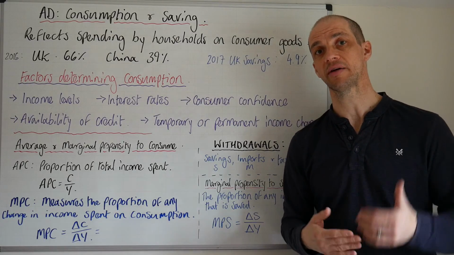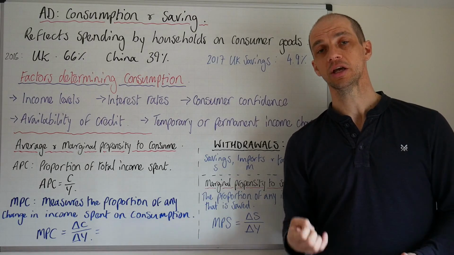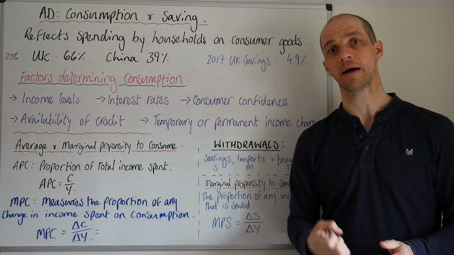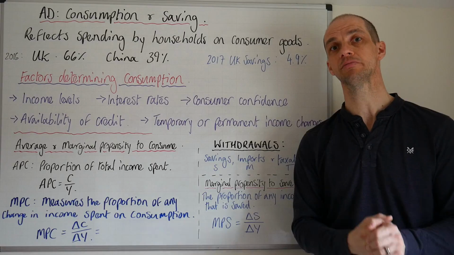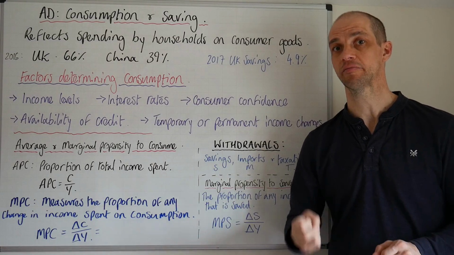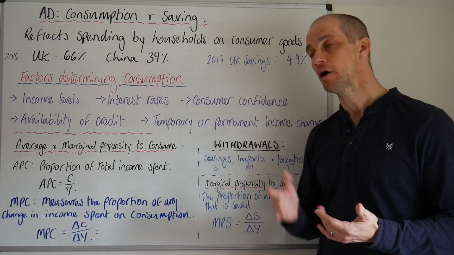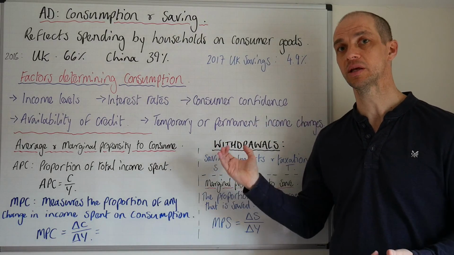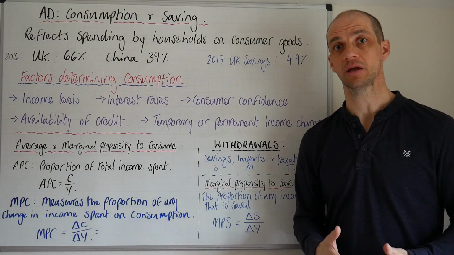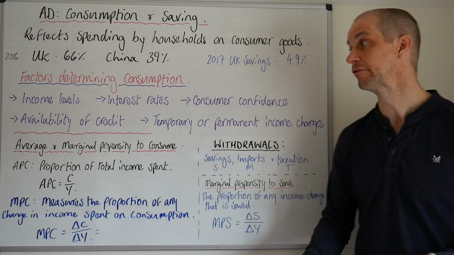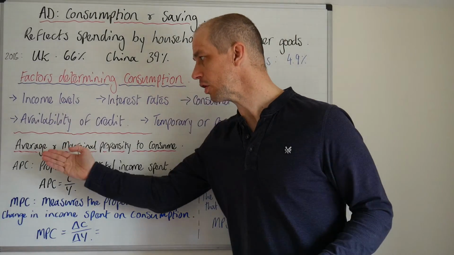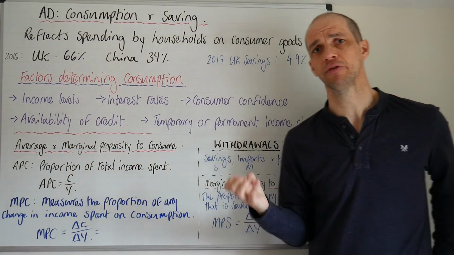So if you just have a temporary increase in your income, you may choose to spend all of that, but if it's a permanent increase, you may actually choose to save much more of that. It very much depends upon the individual, but certainly culturally we can see that the UK economy does have a passion for consumption.